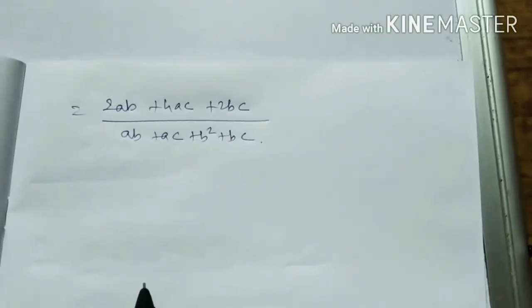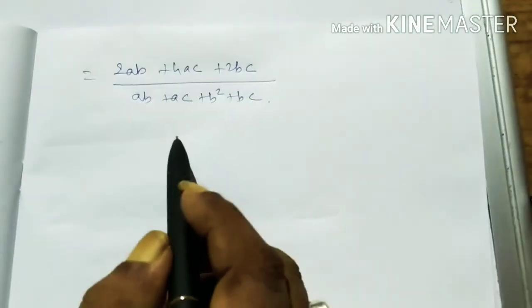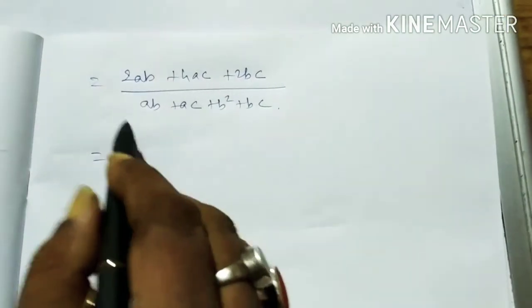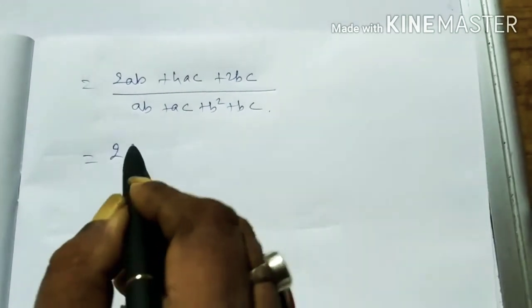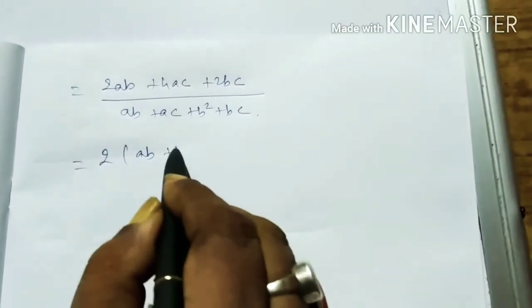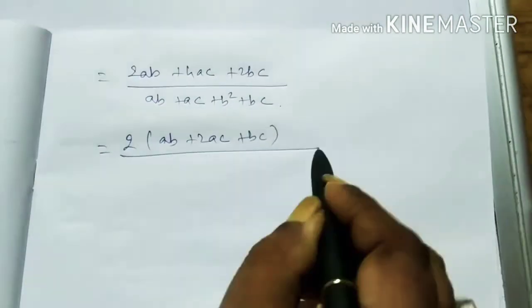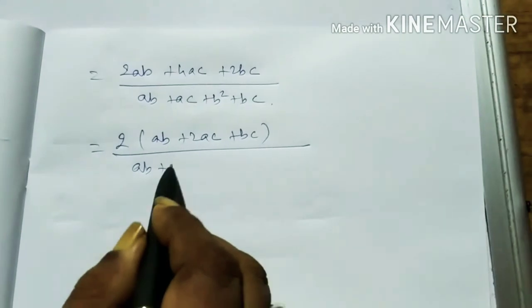Now I am going to do one thing. This 2 is common, so 2AB plus 2AC plus BC by AB plus AC.